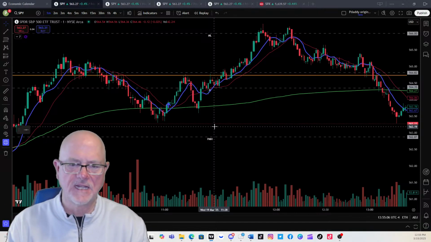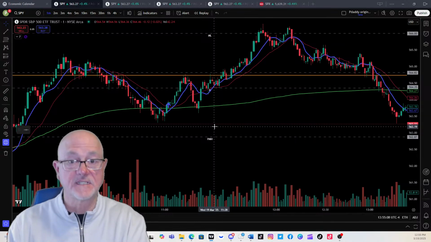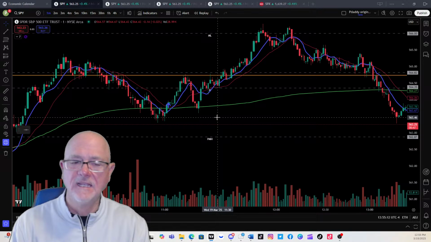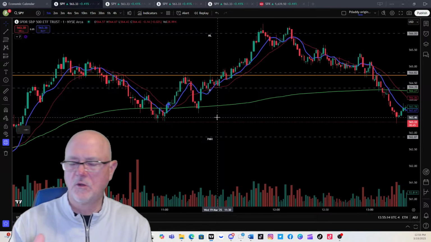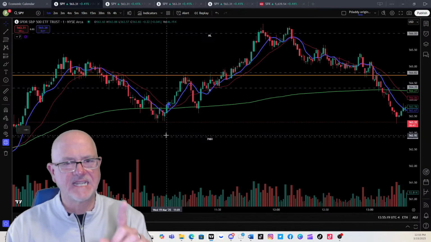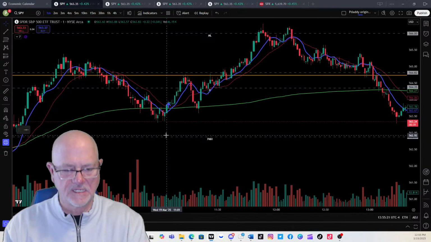Everything we do as retail traders is based on support and resistance, and if we can add a couple of different levels above for support or below for resistance, that helps along the way.